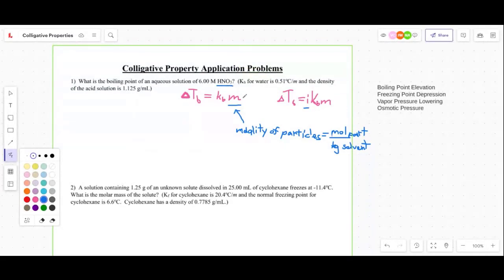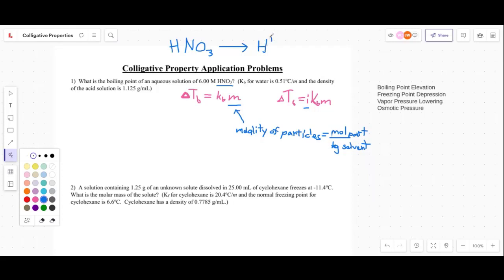So for HNO3, if this was a perfect separation, we would assume that there are 6 moles of H plus ions and 6 moles of NO3 minus ions, because HNO3 is a strong acid, so it should completely separate, or close to completely separate, into H plus and NO3 minus.